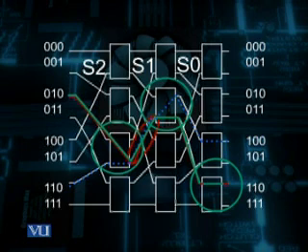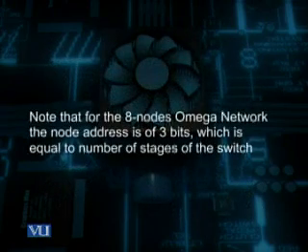Here, let us see how the switches at each stage operate to establish the connection between two nodes. Notice that for the 8-node omega network, the node address is of 3 bits.